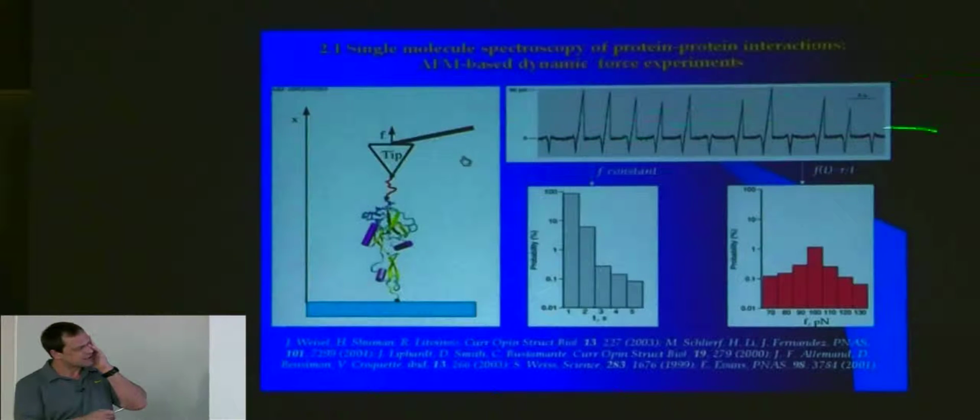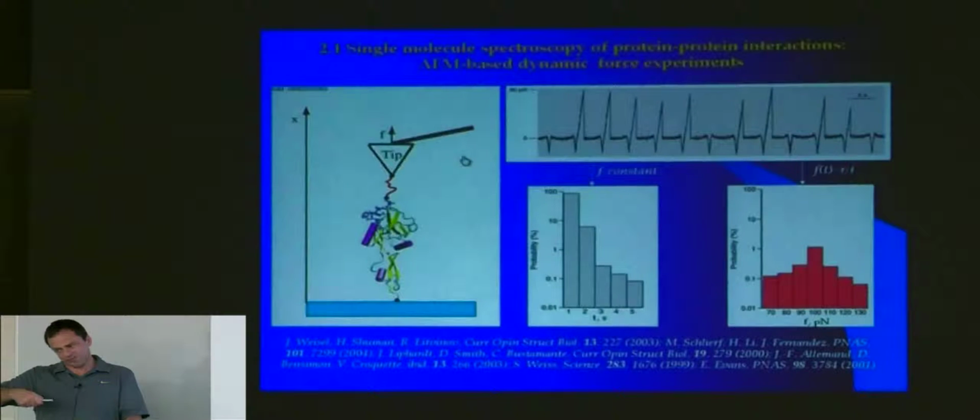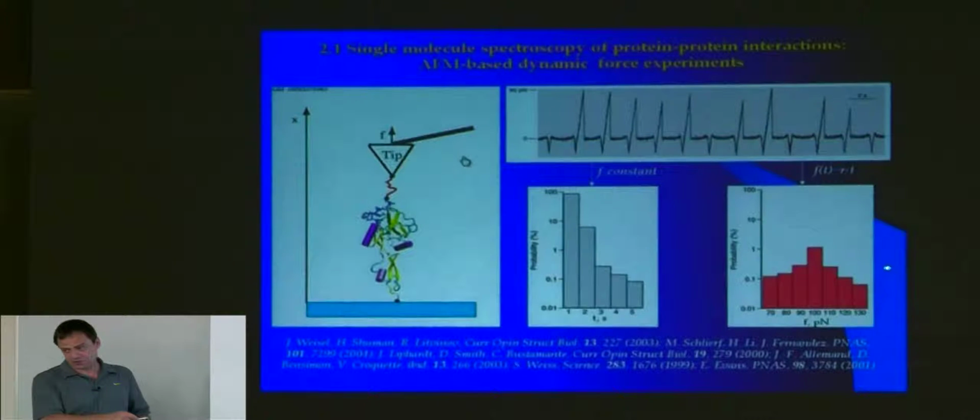If I do this with time-dependent force, what I can do is linearly increase force from 0 with time. If I do that experiment, then this will be my observation, and I'll be analyzing the distribution of rupture forces.